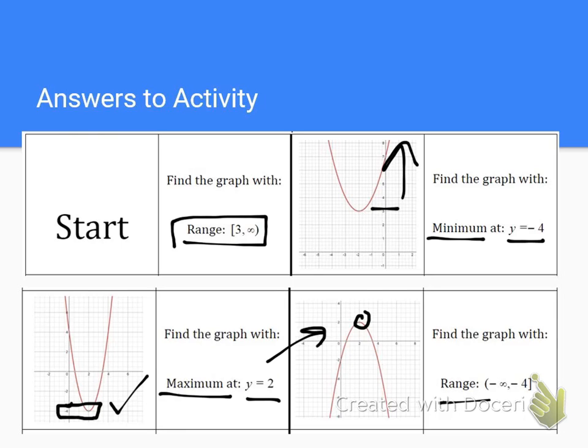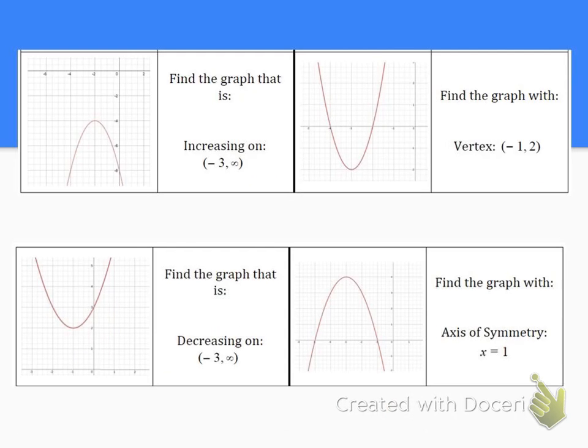And the graph on the next page will then have a range of -infinity to -4. So this one has a range of -infinity, and it goes up until -4. Then this graph is increasing on -3 to infinity.